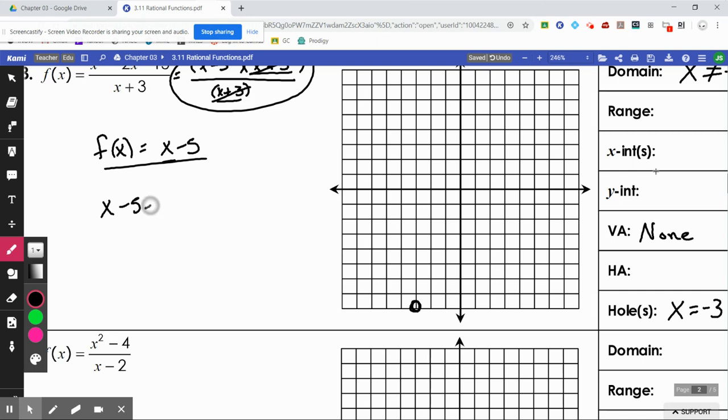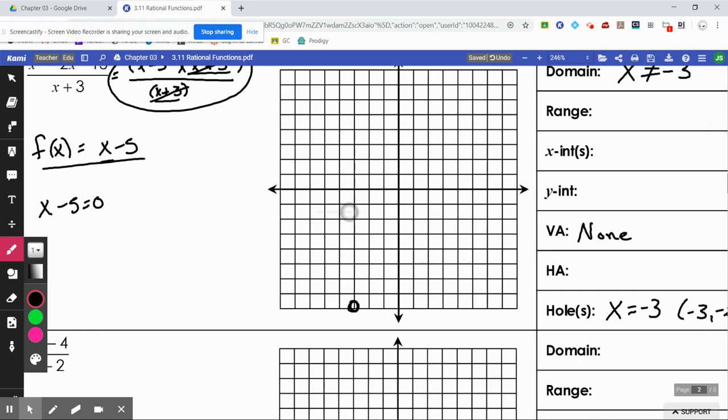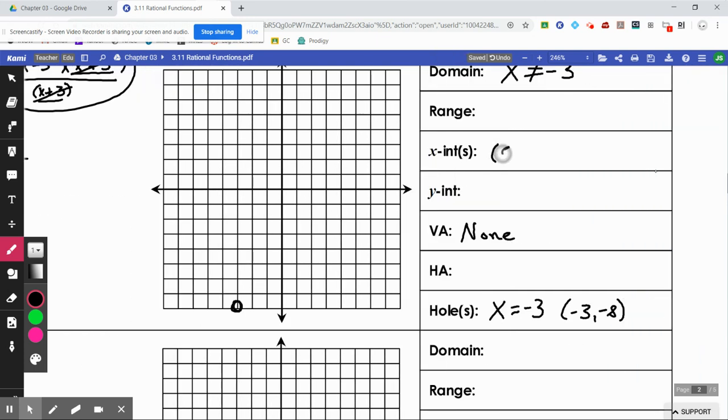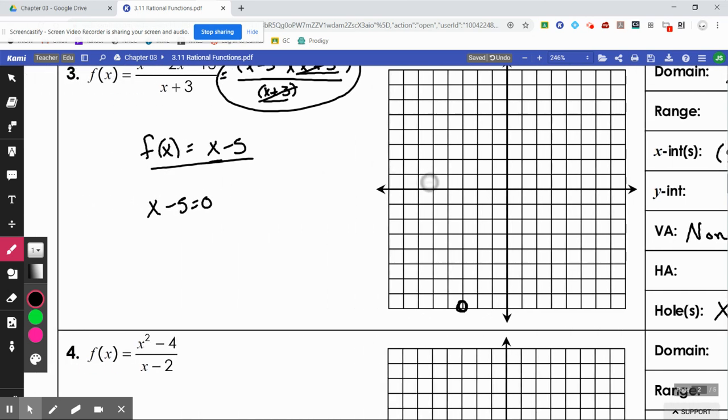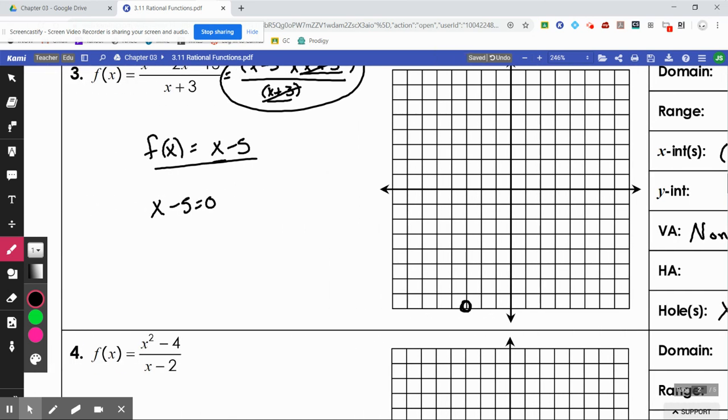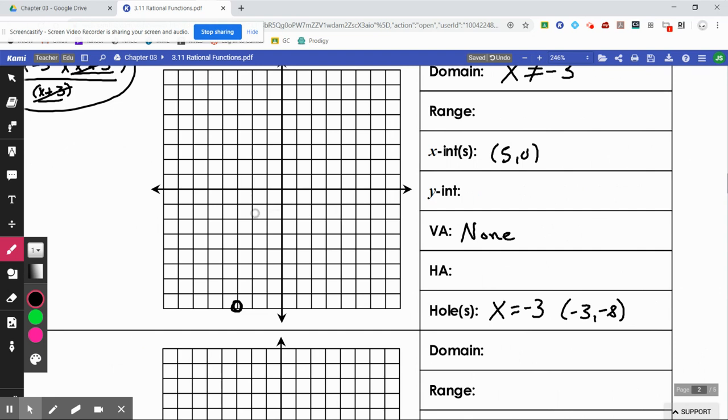So I have x minus 5 is 0, so I have an x-intercept at 5, 0. To find the y-intercept, we plug in 0 for x. So that's y equals 0 minus 5, which is negative 5. So 0 comma negative 5. So I have an x-intercept at 5, 0, 1, 2, 3, 4, 5. A y-intercept at negative 5.